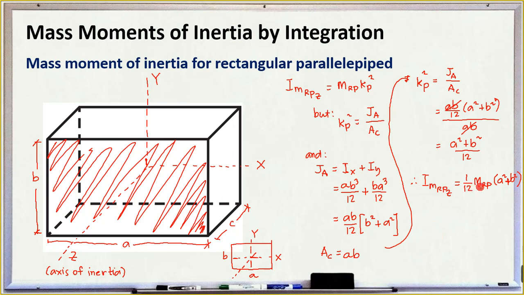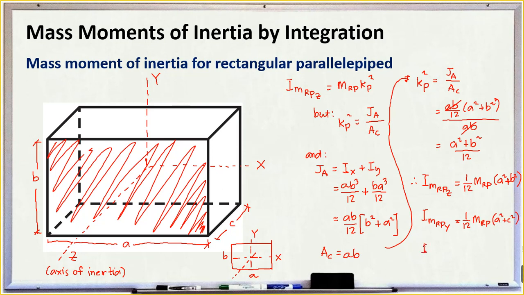With the same derivation, you can come up with the mass moment of inertia of the rectangular parallelepiped, let's say along y. Your formula would look like this. What are the sides involved in the y-axis? We have a and c. So it will be a squared plus c squared here.